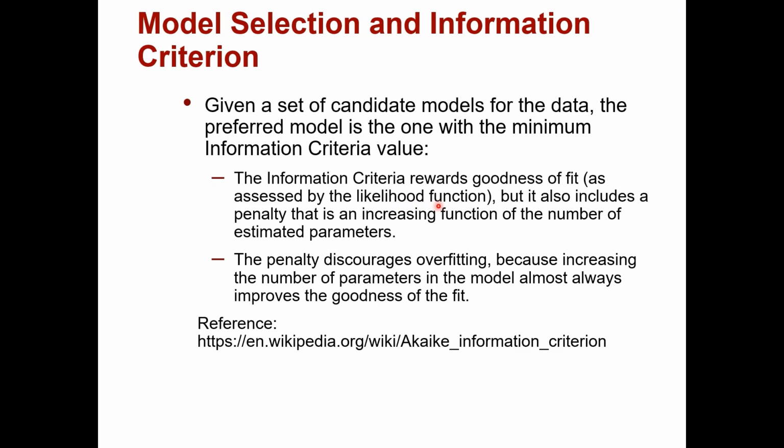So the information criteria reward goodness of fit, but they also include a penalty that is an increasing function of the number of estimated parameters. So that's how that works. And so it discourages overfitting, because increasing the number of parameters will automatically improve the goodness of fit. So it's an adjustment for that.